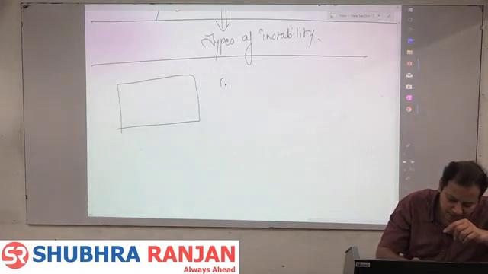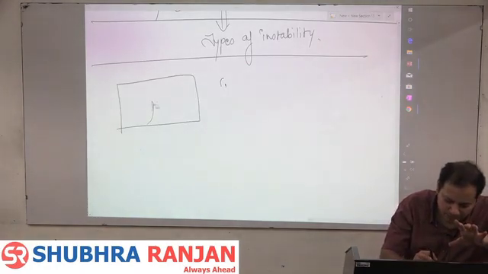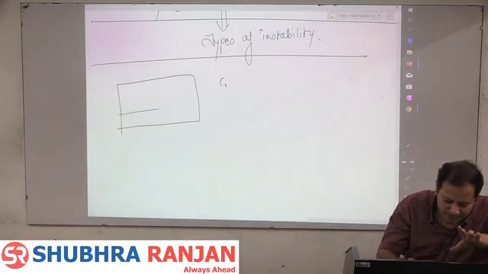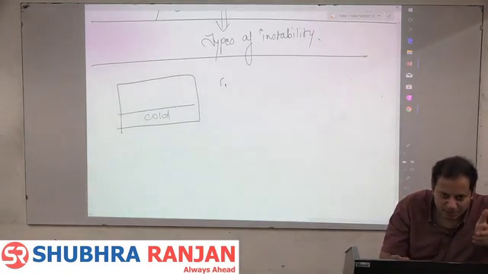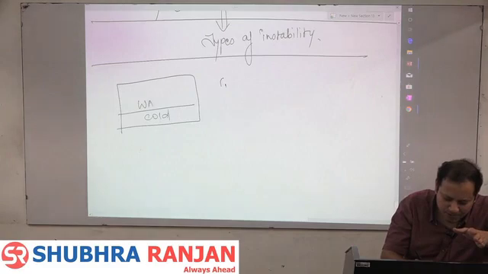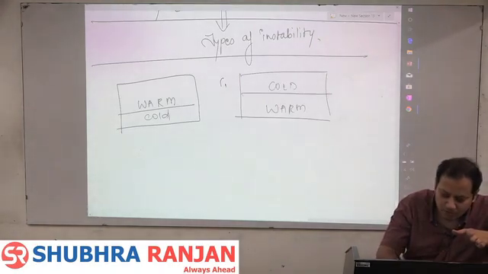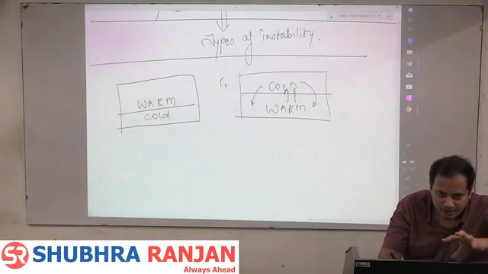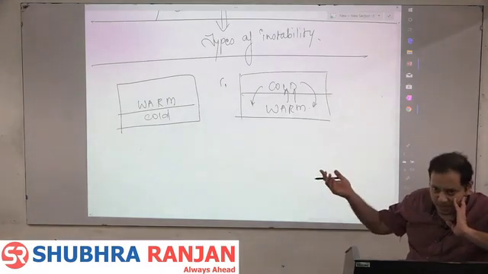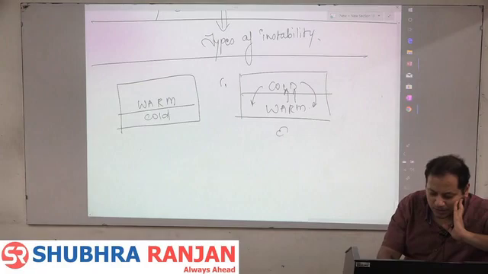If the air does not move upward or downward, that is known as stability. When will the air not go up or down? When there is cold air below and warm air above. But when there is warm air below and cold air above, the cold air, being denser, will try to come down, and the warm air, being rarer, will try to go up, and this will result in atmospheric instability. As the warm air rises upwards, it will cool and form clouds, and then it will give rainfall.